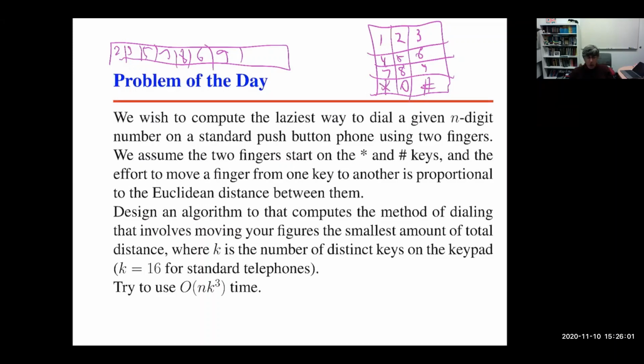If I wanted to dial a phone number with one finger, this is not very complicated. I move my finger to the first number and push the button, then move it to the second number, then move it to the 5th number. So it's easy to dial a phone number efficiently if you only have one finger. But fortunately, we have 2 hands.